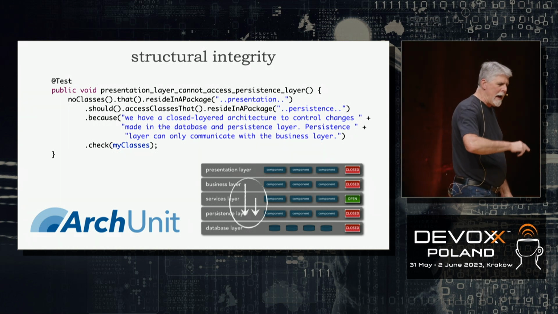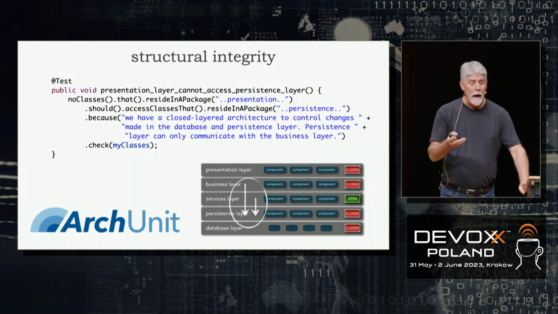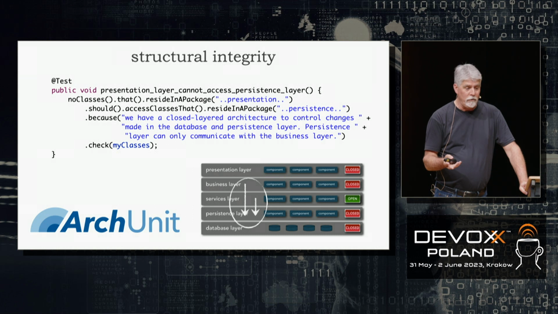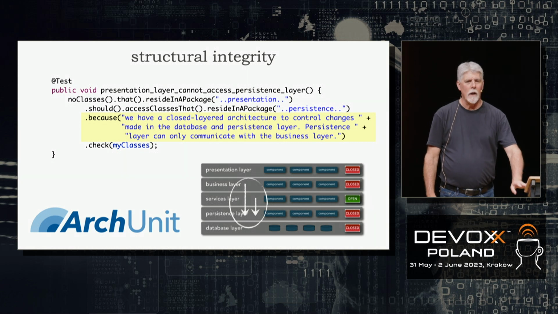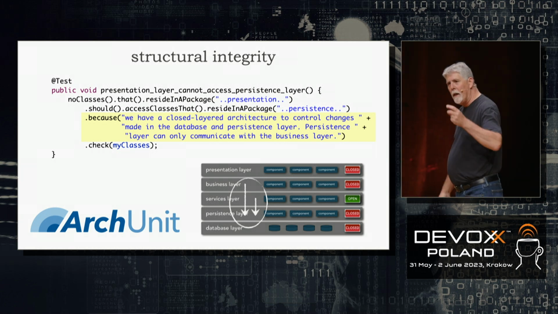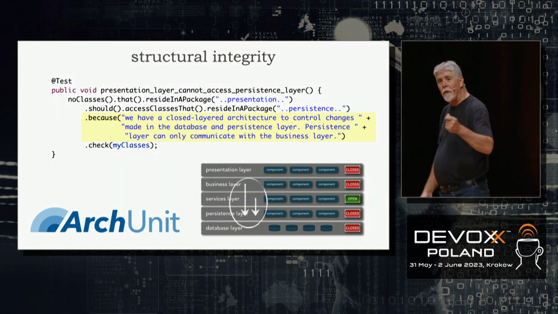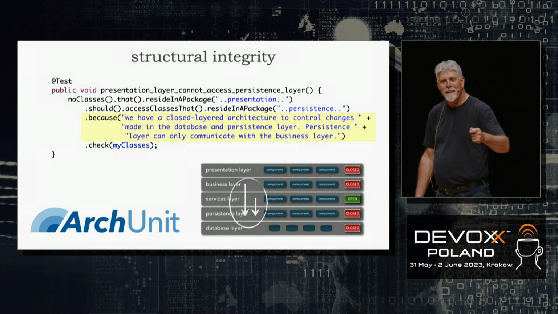Presentation layer cannot access persistence layer. No classes that reside in a package presentation should access classes that reside in a package persistence. And you know very well this will fail. I love the .because clause, because now I'm giving rationale and reason and justification for this integrity constraint.